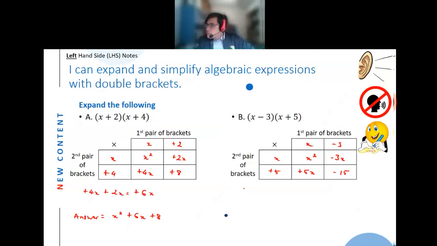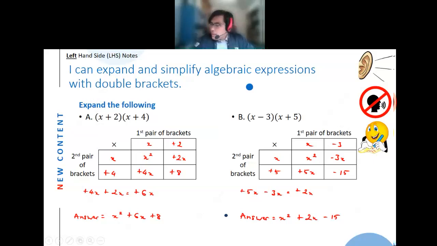So plus 5x, again, I like writing the positive first, plus 5x minus 3x, that's going to give us plus 2x. And so combining everything together, the answer will be x squared plus 2x minus 15.